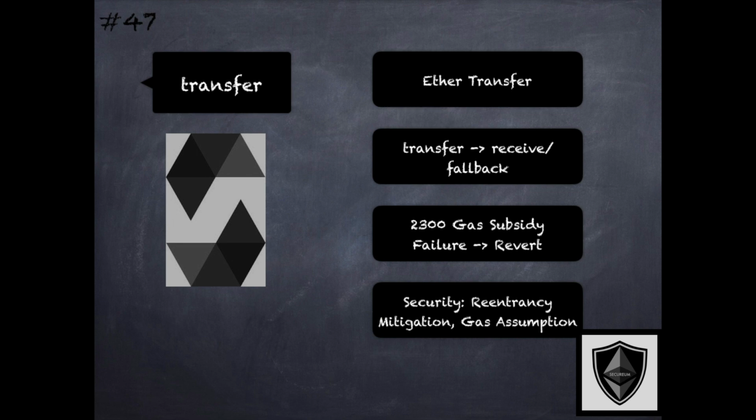And again, from a security perspective, there is the notion of 2300 gas subsidy, which is fixed for transfers. This gas assumption is critical when you look at how contracts use transfer and whether that transaction could fail and revert and lead to undefined behavior.